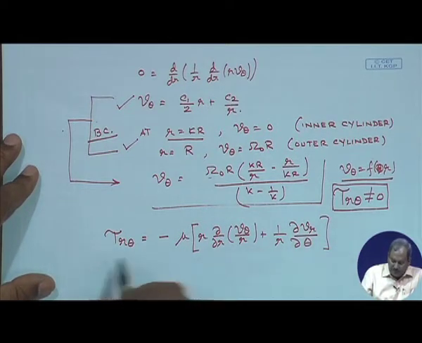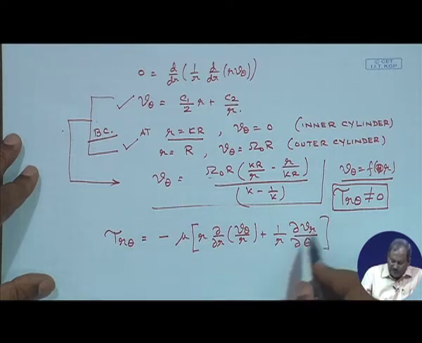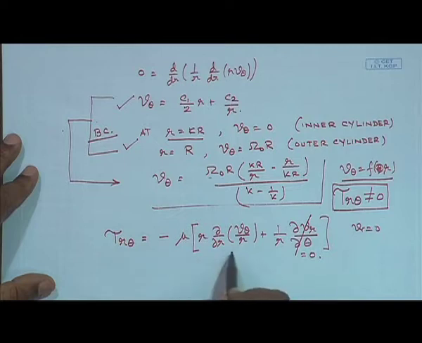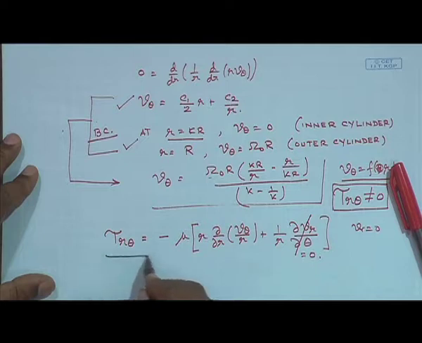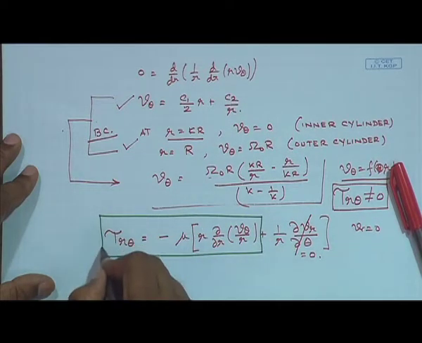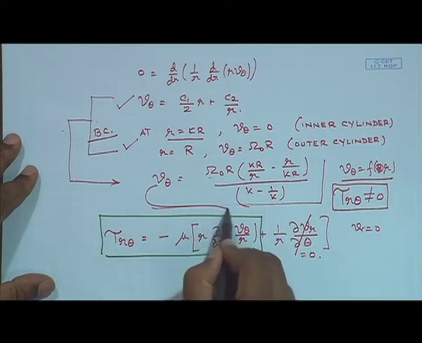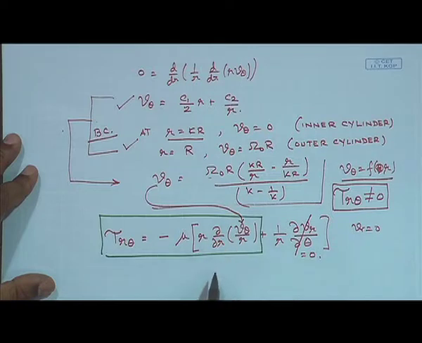This is the expression for tau r theta for a cylindrical coordinate system, and here you know that v_r is 0, so the second term is going to be equal to 0. So your tau r theta would simply be equal to the first term. In this expression you have to put in the expression for v_theta and do the ∂/∂r of that, and this would look like mu times r d/dr.